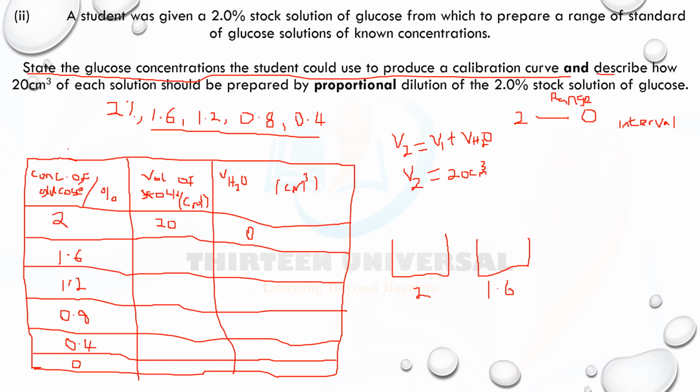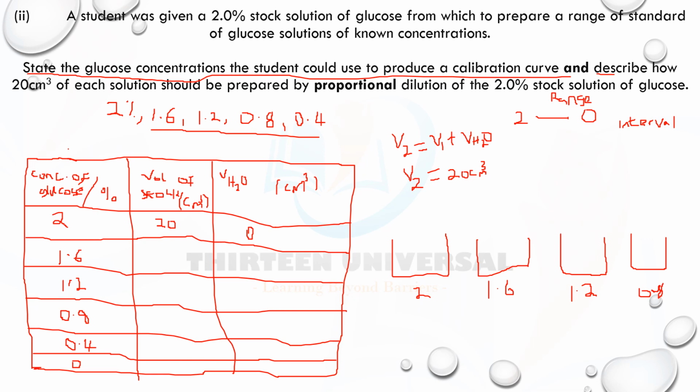Because this is proportional dilution, we produce every other concentration from the stock concentration. This is 1.2, and then so on. Of course, the next one is going to be 0.8 and all of that. Let's not waste much time, but I'm just using this opportunity to teach you this.